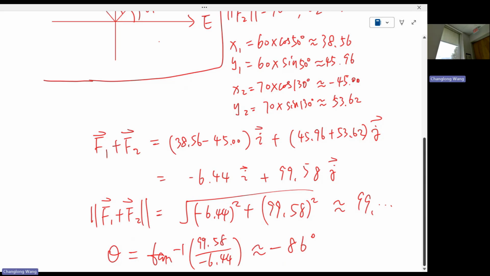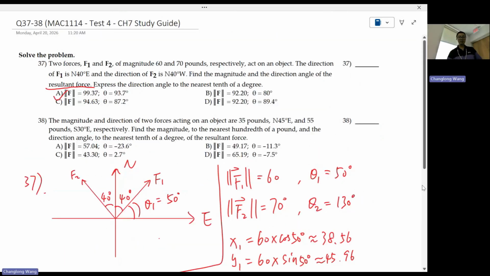If you remember in 7.3, the subtlety comes from the inverse tangent: it might be off by 180 degrees. Not always, but sometimes. So if it has to be in the second quadrant, you would add 180 to bring it there. If you add 180 to negative 86, you get 94, which is exactly what they got, 93.7.